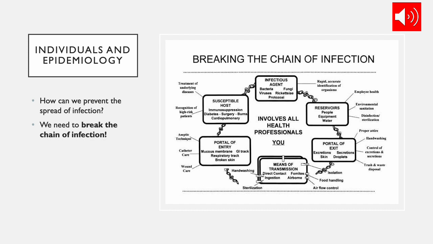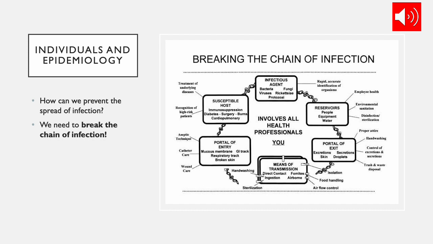And these viruses or bacteria need a means of transmission. So how are they getting there? Is it direct contact? Is it airborne? Is it droplet? Is it ingestion? And then they need a way to enter into the next host. So is this via their mucous membranes, their GI tract, inhalation, broken skin?